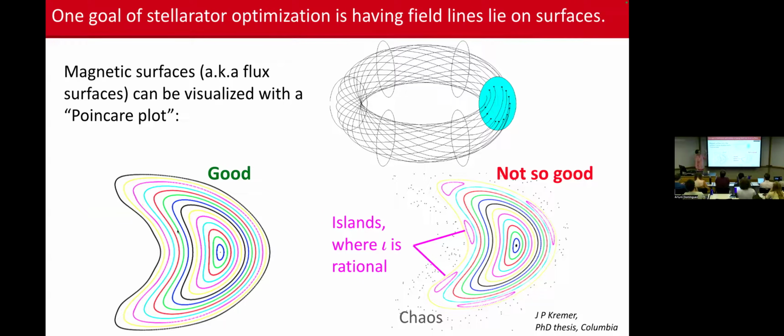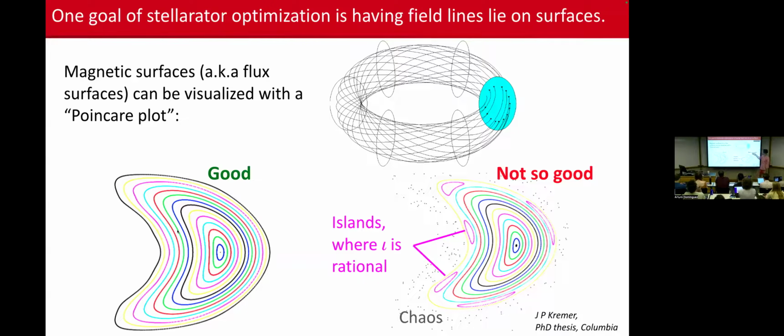A sort of side note on that, you can often characterize or look at these surfaces with the Poincare plot. Basically, you take your three-dimensional torus, take a cross-section, and you look at field lines, and you let them just make punctures on this cross-section every time they make a toroidal transit. And if you do a lot of toroidal transits, that gives you plots like this, where you see nice nested surfaces here.